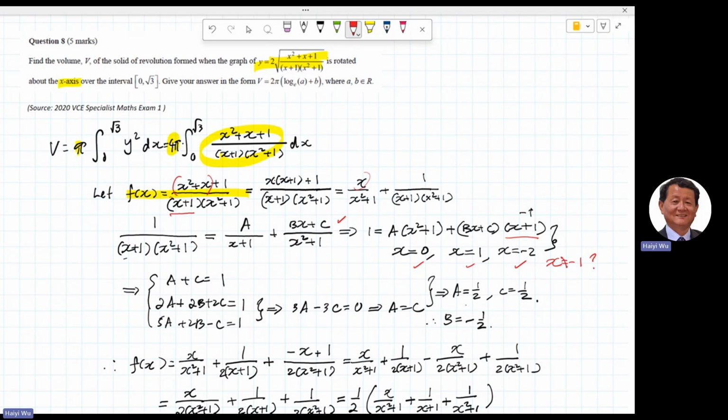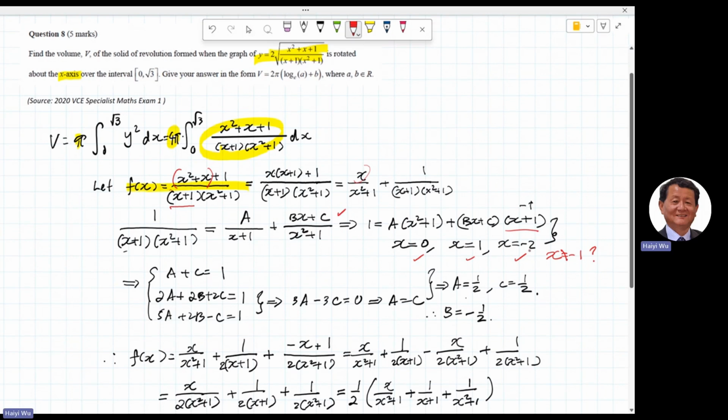Life would be a lot easier if you chose negative 1, and you'd get the same answer, but mathematically it's not correct. So I choose negative 2.